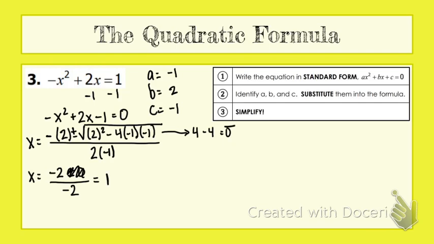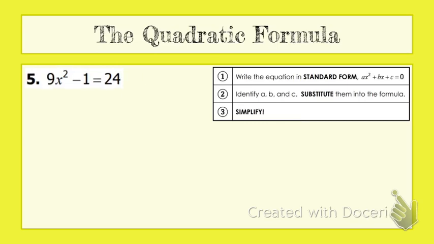So anytime that this equals 0, that means you're only going to have one solution. So the solution for this quadratic function is just x equals 1. And what that means is that our parabola is only going to hit the x-axis once, and it's going to be at positive 1. And that's the solution for that. So it would look like this.